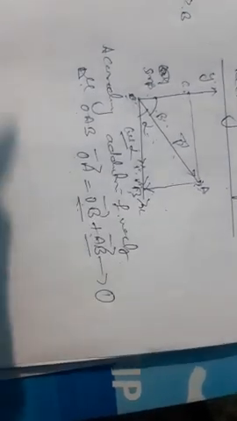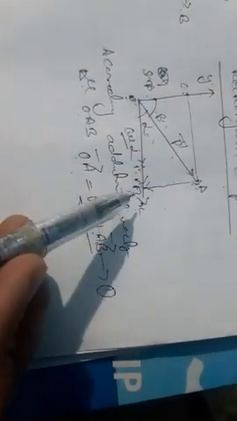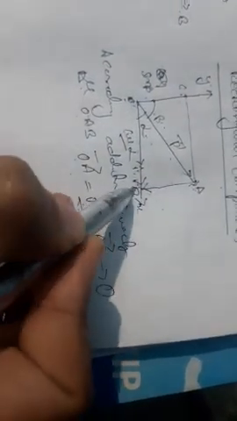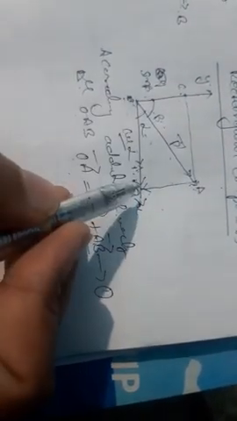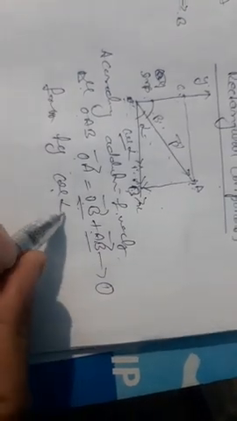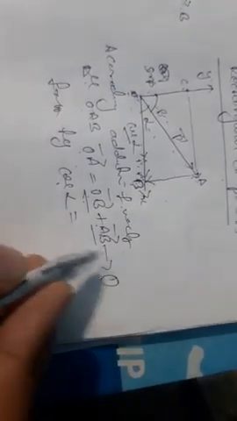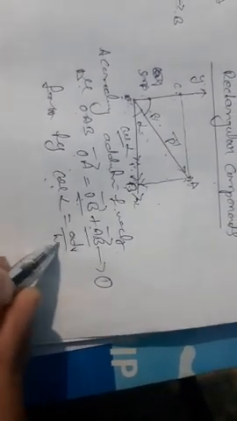How to find the values of OB and AB? From the triangle OAB, cos alpha is the horizontal component. What is the definition of cos alpha? That is adjacent side by hypotenuse.